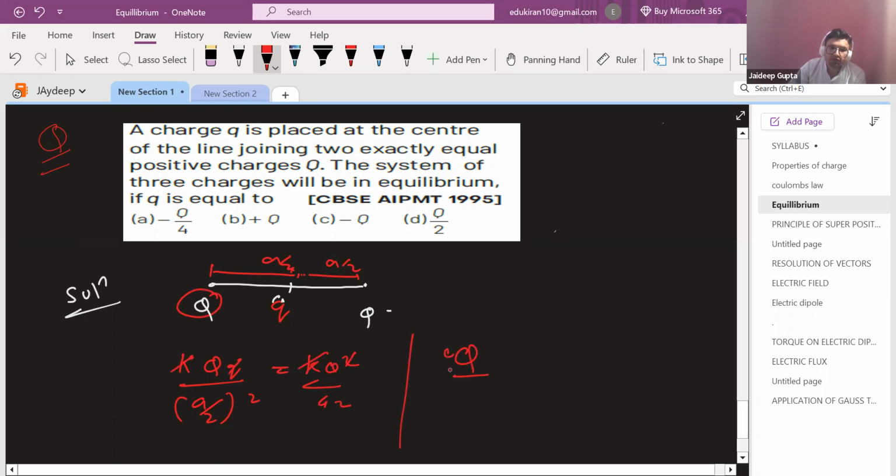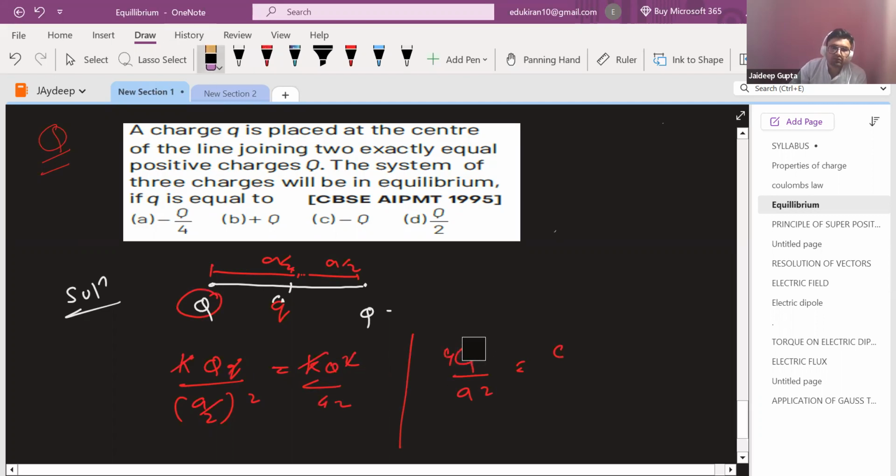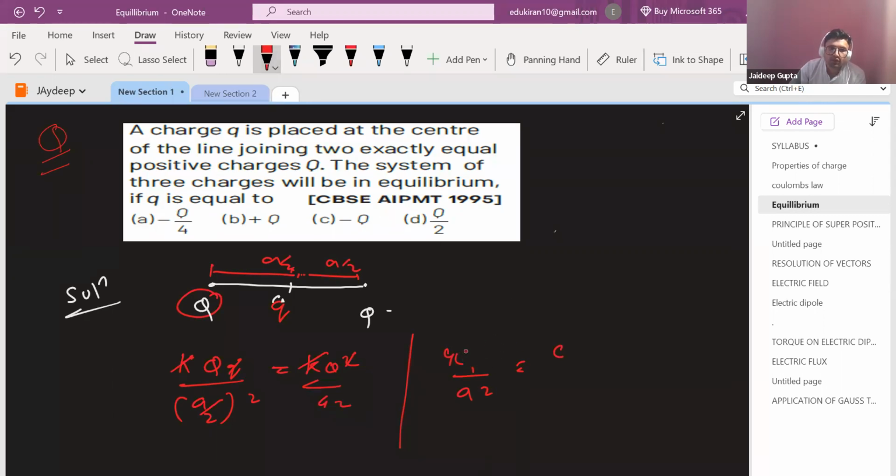So Q over 4A square equals, sorry, this is 4Q. This is Q over A square. This is Q equals Q over 4.